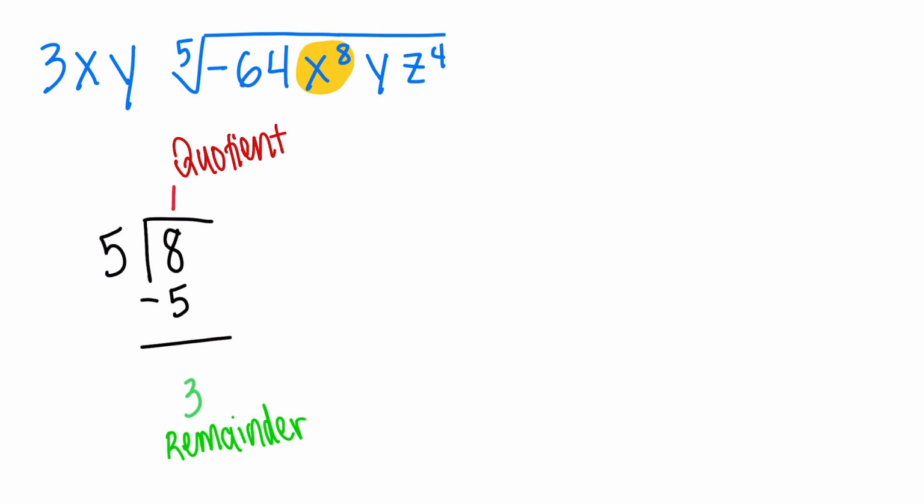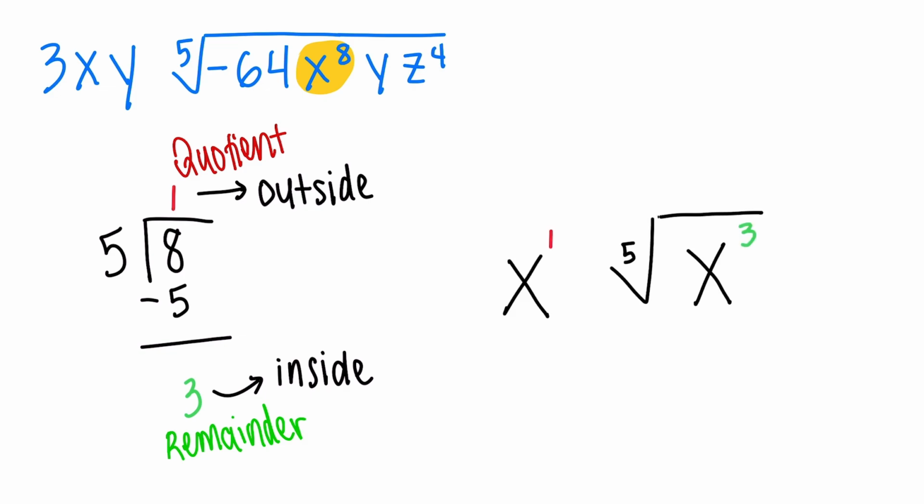It's important to note that the quotient goes on the outside, the remainder goes on the inside. So what do I mean by this? You're going to write your variable, so we have our variable x here. We have the 1 from over here coming on the outside. Draw your radical sign and write your index. Then you're going to have the variable raised to the power of 3, and that's our remainder. So quotient goes on the outside, remainder inside.